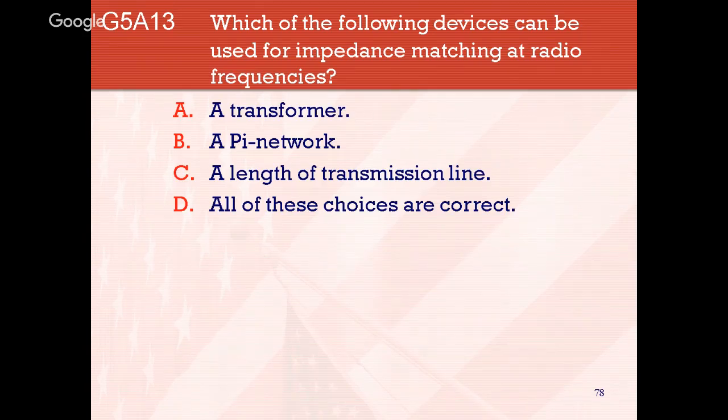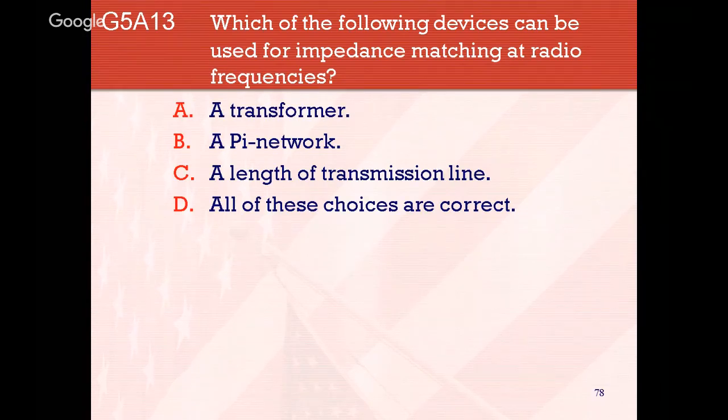You can use a transformer for impedance matching. Okay, it's not a transformer just for a power circuit or anything like that. You can also use a pi network. And also, the length of a transmission line can help with the impedance matching of your antenna.